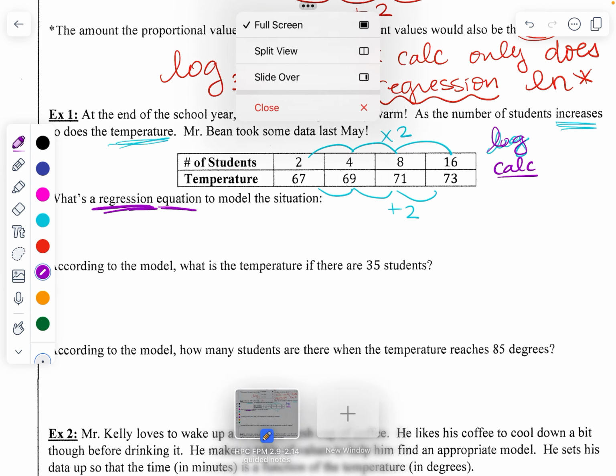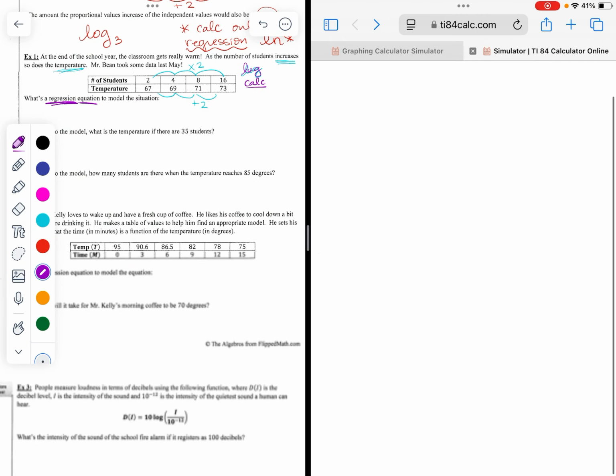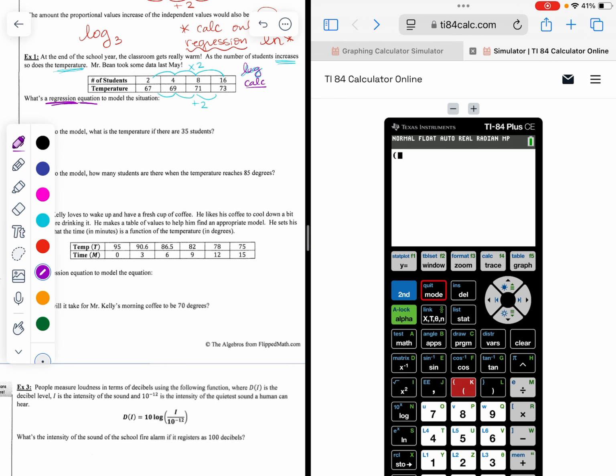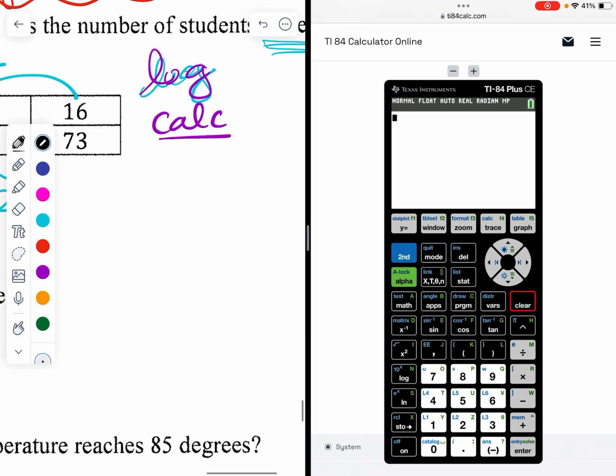Here's my calculator. While you're working through this with me, you're going to hit the stat button, which is right here next to the left-hand cursor.